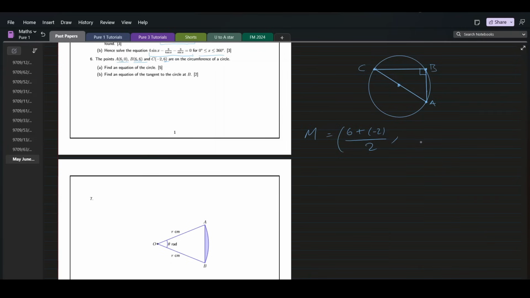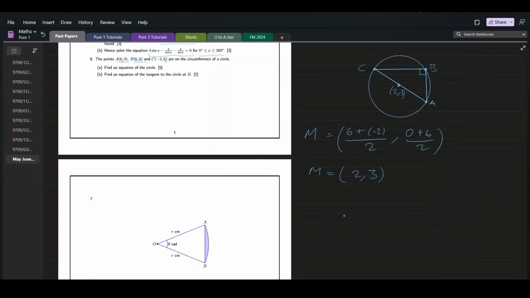And then we've got the y coordinate of A being 0 and the y coordinate of C being 6, and this is being divided by 2. So this means M has the coordinates, 6 minus 2, which is 4 over 2, that's 2, and then 0 plus 6, which is 6 over 2, that's 3. So we know that the coordinates here are (2, 3).